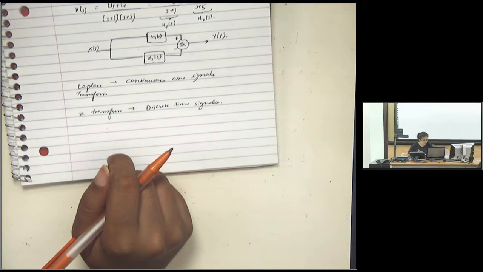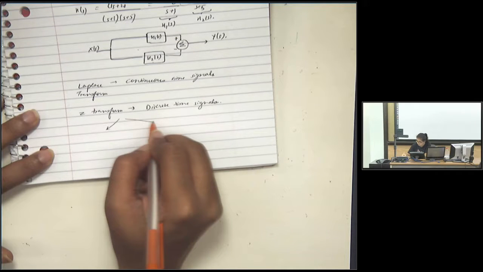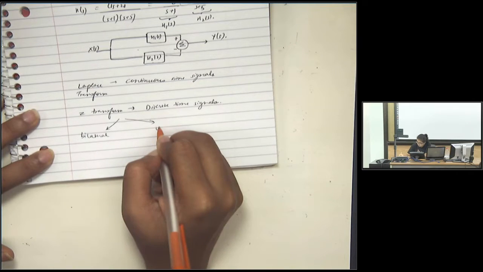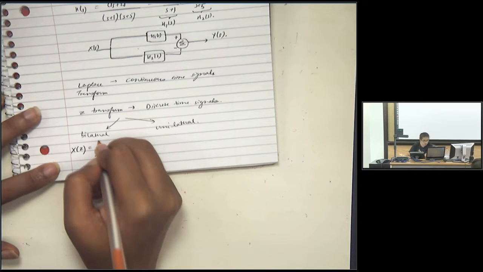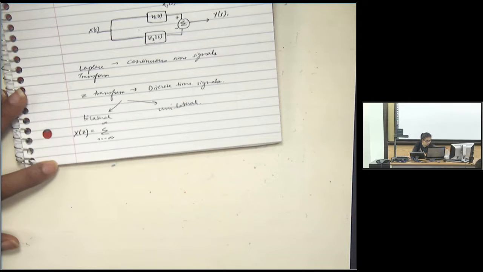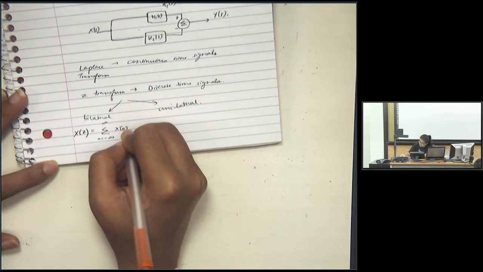So the definition is, again, you have a unilateral and bilateral Z transform. Okay, bilateral Z transform runs from minus infinity to infinity, sum of x of n z raised to power minus n.